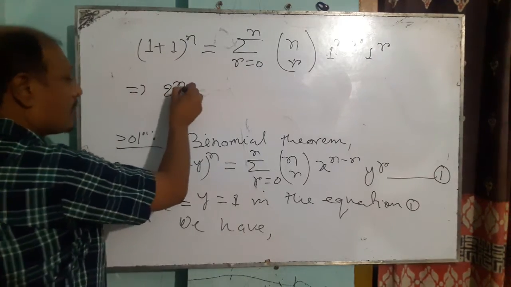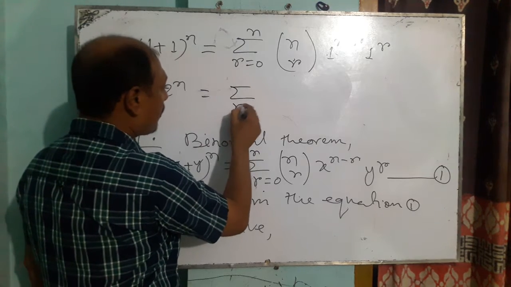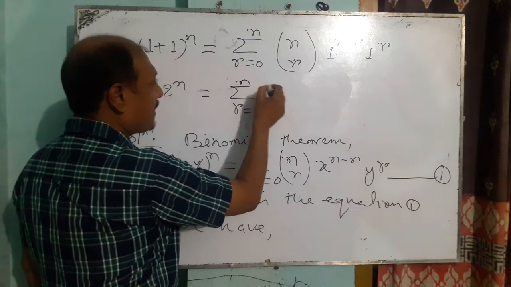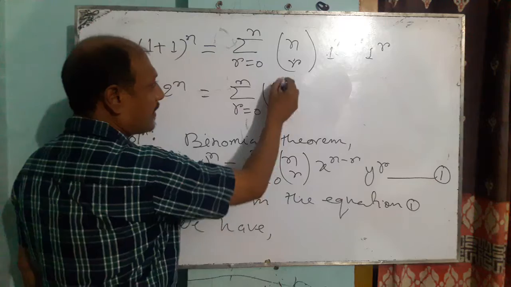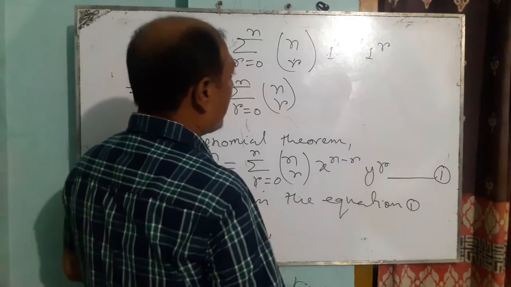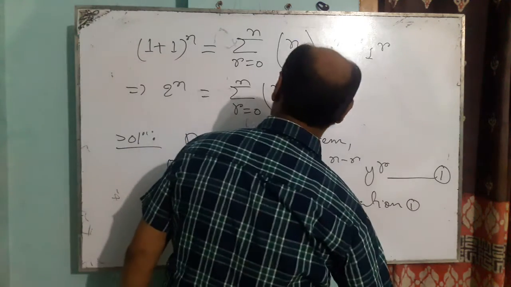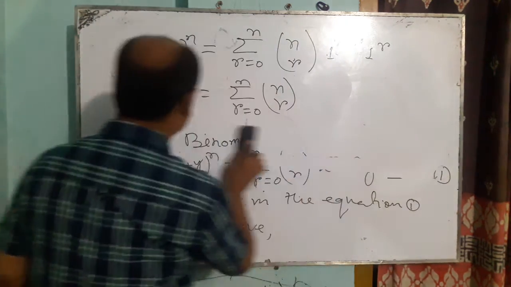This implies that 2 to the power n is equal to summation of r equal to 0 to n nCr, since 1 to the power n minus r times 1 to the power r equals 1.